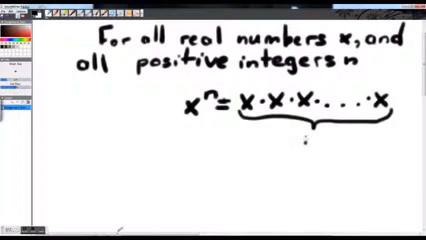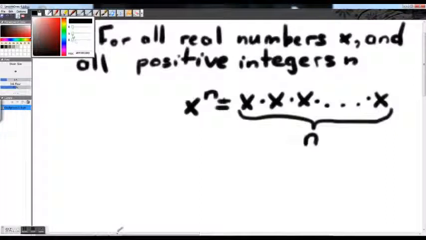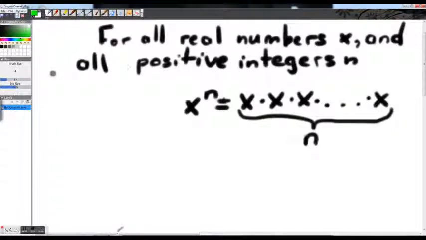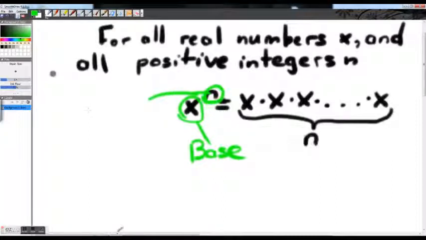So in this notation, x is called the base, and n is called the exponent. What this notation means is that we're multiplying x by itself n number of times.